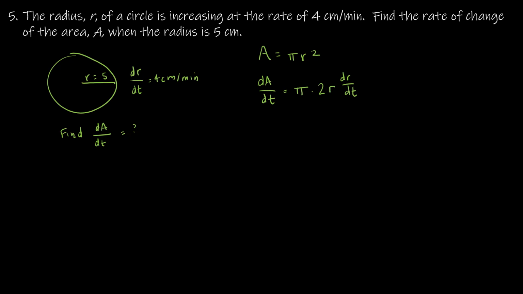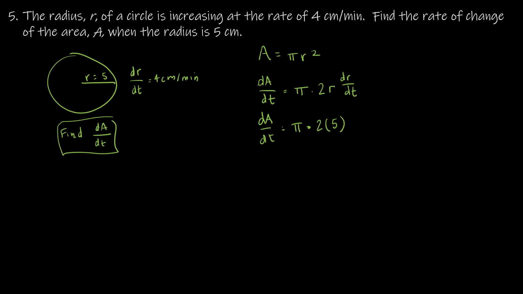Now we already know that this is what we're trying to find, so that's going to stay on the left side, dA over dt. And pi, obviously, is pi, and then 2 times r, so 2 times 5, because we're finding it at the moment when r is 5. And then dr over dt is 4 centimeters per minute.